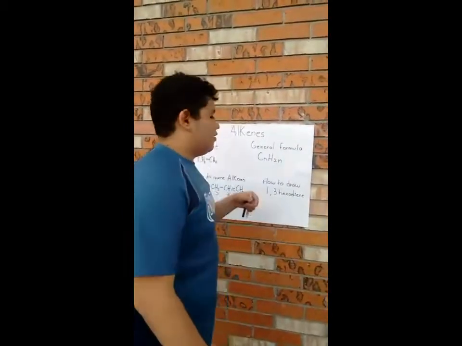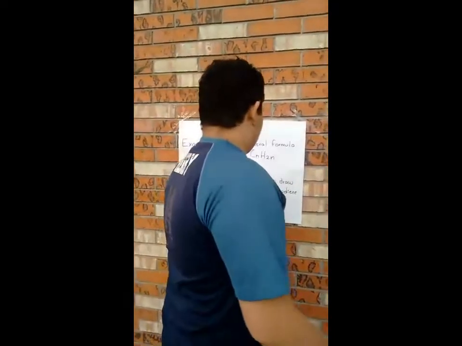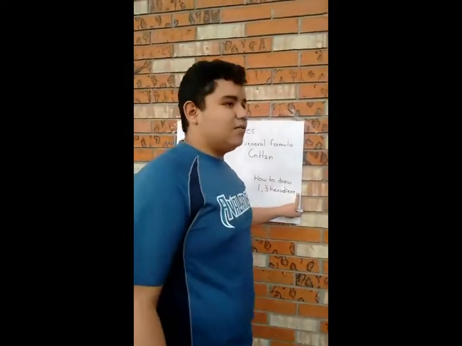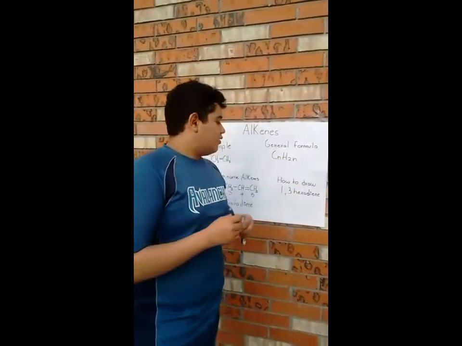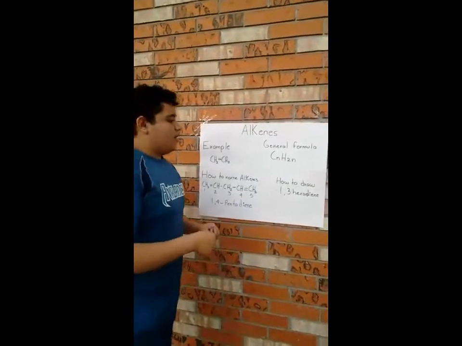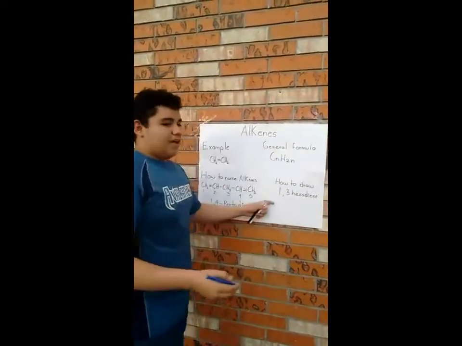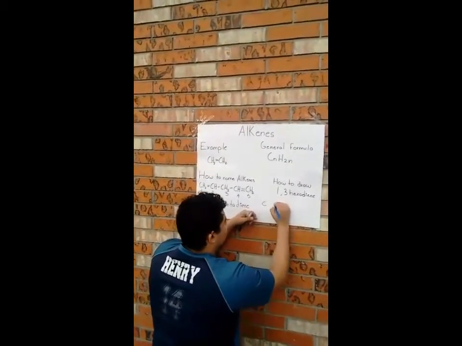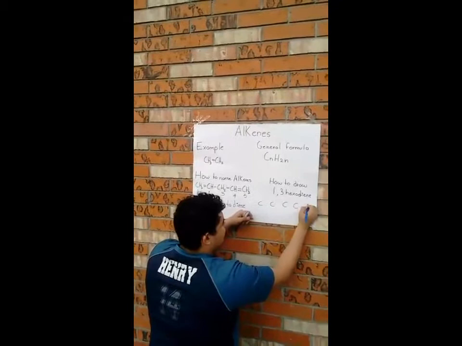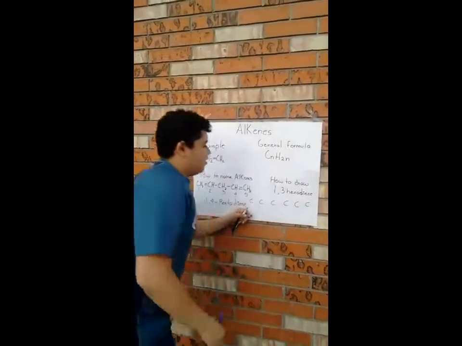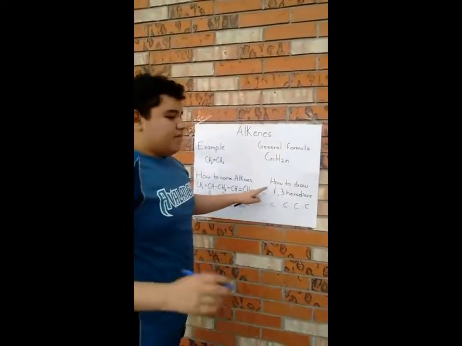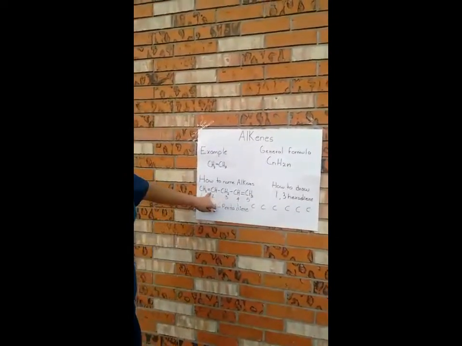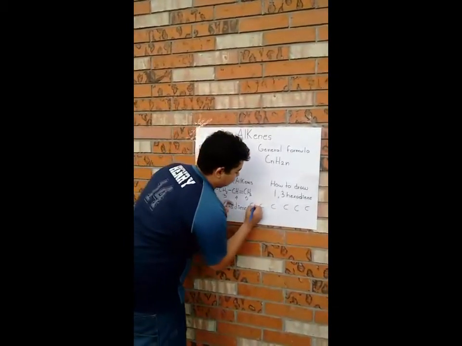And how to draw one? First, identify what the compound is: 1,3-hexadiene. Then count and draw the number of carbons: 1, 2, 3, 4, 5, 6. And then identify where the double bonds are, 1 and 3.